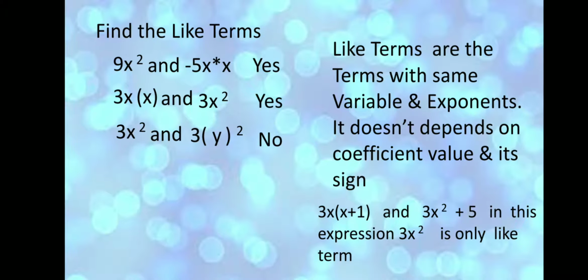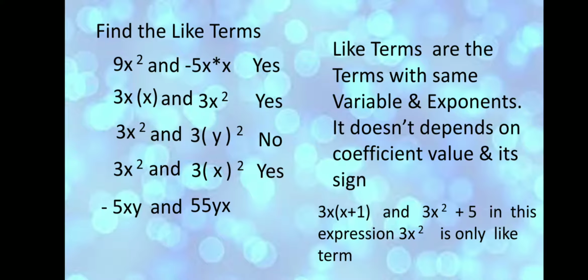Why? Because like terms should have the same variables, but only the exponents are the same here. So these are not like terms. Is this a like term? Yes, it is, because the bracket doesn't matter. You have 3x square in the first also, and 3x square in the second also. So this is a like term.